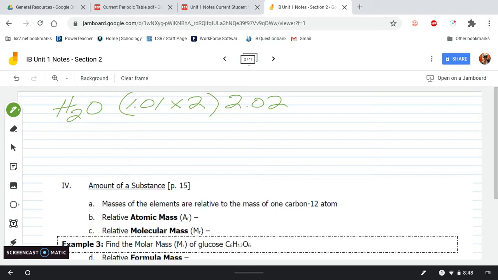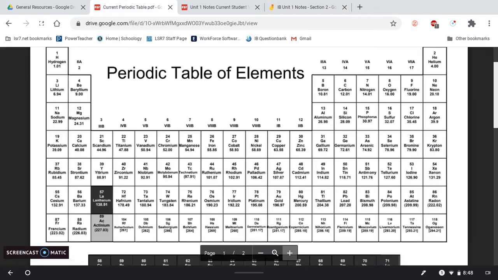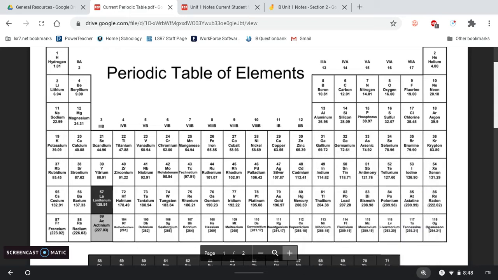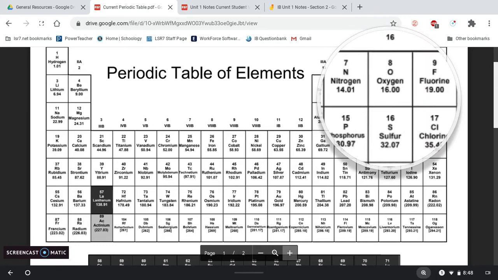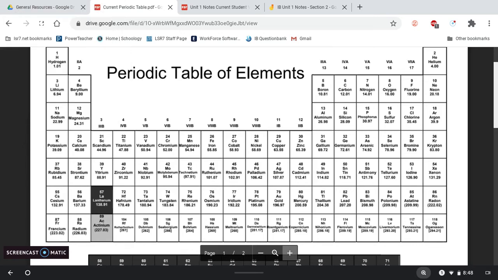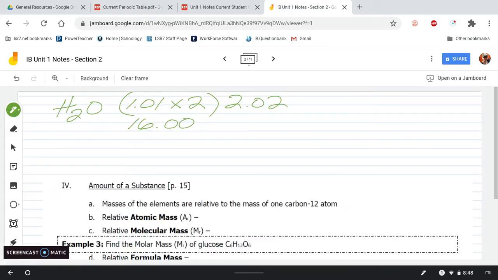And then the oxygen component is going to be 16.00. And I am not making these up. If we go over to our periodic table, there's that 16.00 on oxygen right there, and right over here, there's that hydrogen 1.01. So I have two of those and one of these. That's where I'm getting those numbers. Those are just something that you look up on your periodic table.